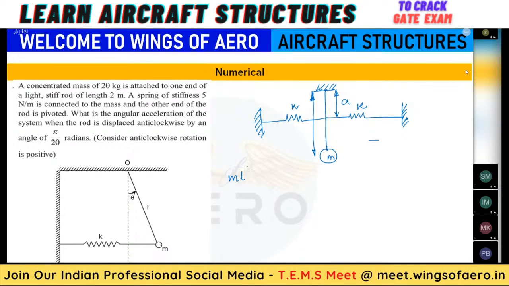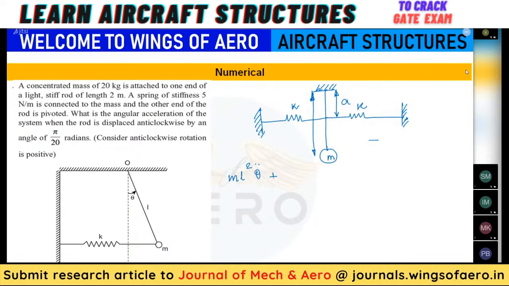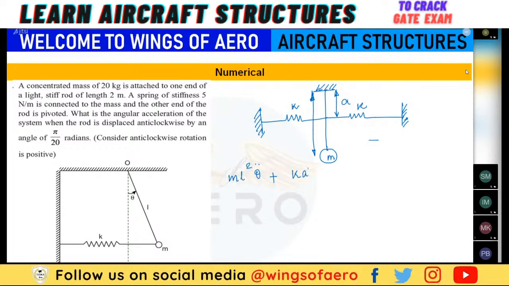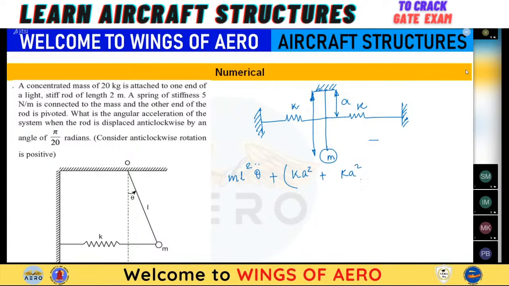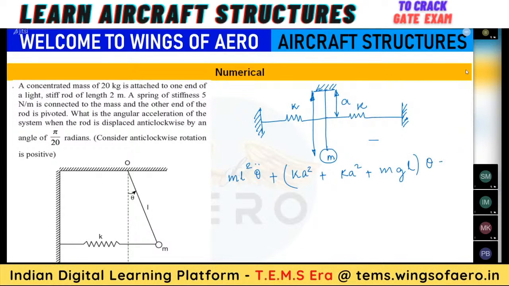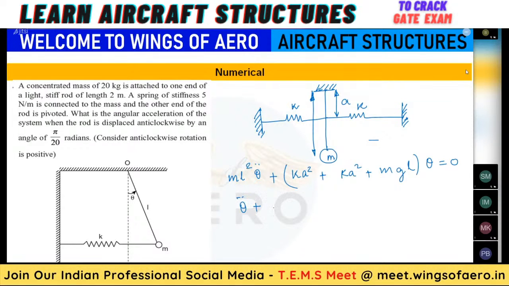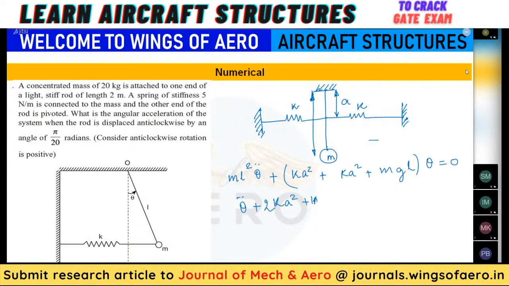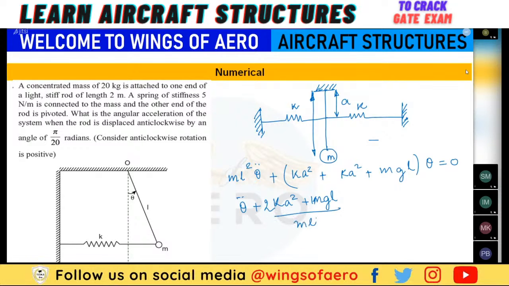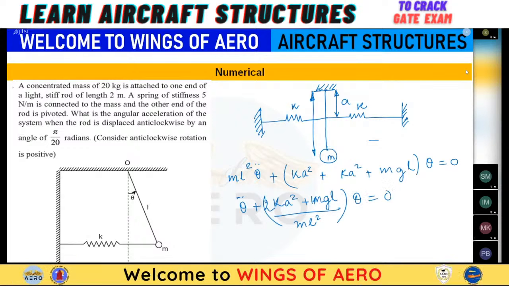So can I write m l square theta double dot plus k a square plus k square plus m g l theta equal to 0, then theta double dot plus (k square plus 2k square plus m g l) by m l square theta equal to 0.